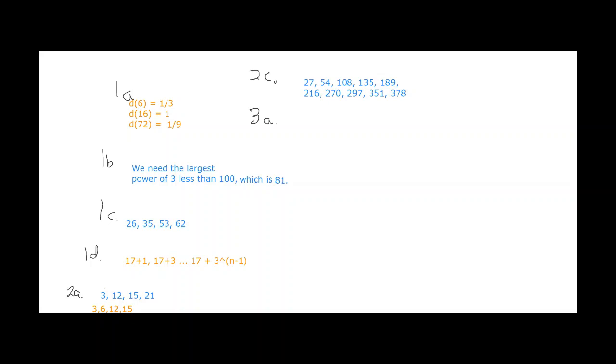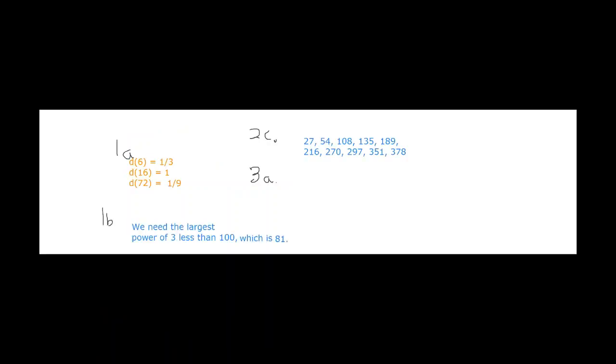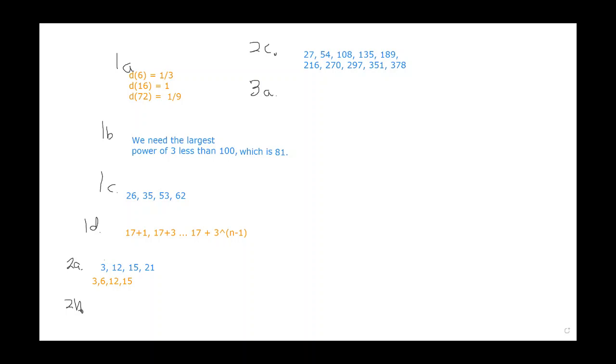If someone doesn't mind, you can put 7 and 10 on the board and write out what d of 7 is, what d of 10 is, and what the distance between 7 and 10 equals.